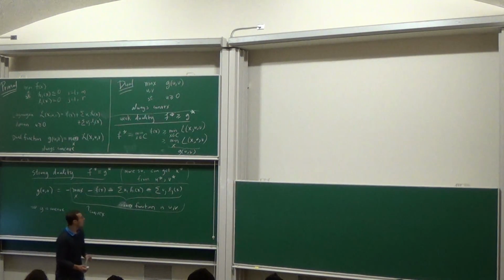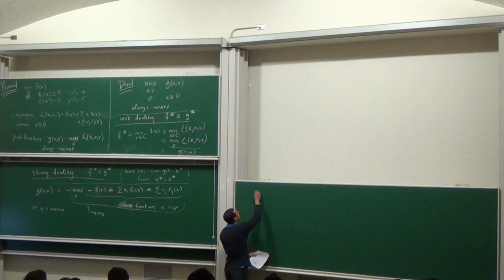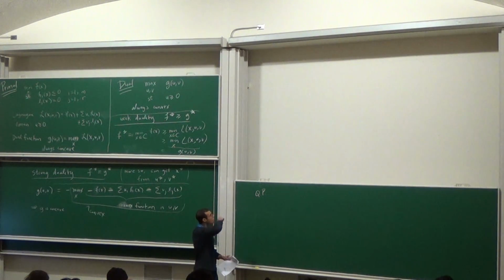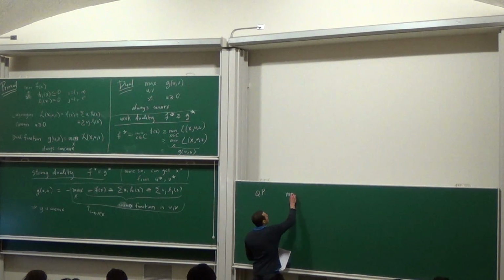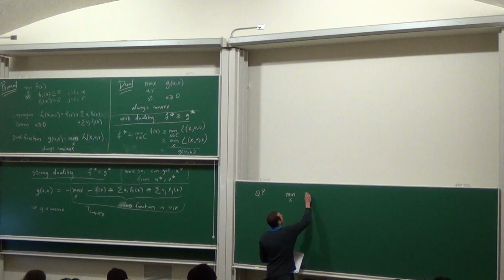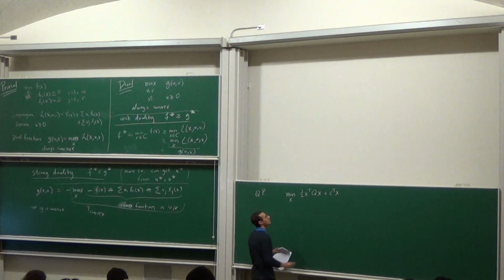Okay, so I'm going to start off with a simple example where we do get strong duality, and it's going to be something that we call a quadratic program, a QP. All this means is that I'm going to be minimizing a quadratic function, one half x transpose Qx plus c transpose x.